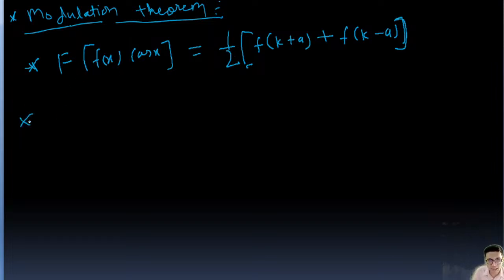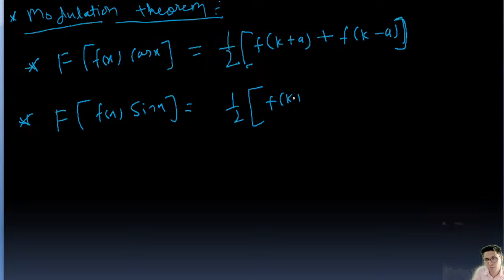Next is the Fourier transform of f(x) sin ax. This is going to be 1 upon 2 times F(k plus a) minus F(k minus a). So guys, you need to revise and practice these formulae which I am writing, these properties, and you need to solve questions using these properties.